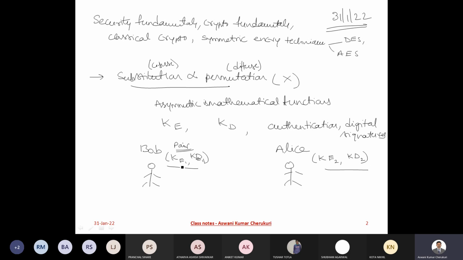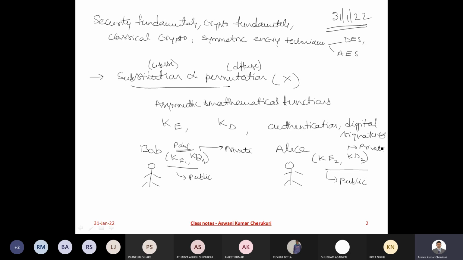Among these two keys, one key is kept public. Typically the encryption key is kept public and the decryption key is kept private. Similarly on Alice's side, the encryption key is kept public, the decryption key is kept private.